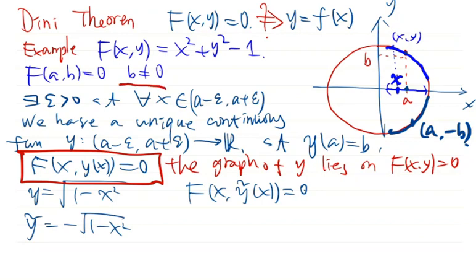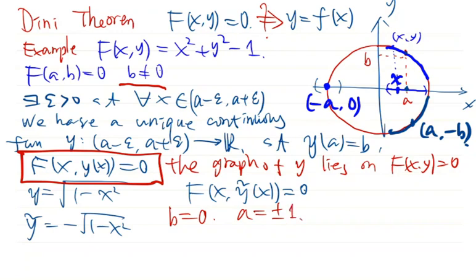For b equal to 0, say for this point, (minus 1, 0). For this point, no matter how small the neighborhood you take, no matter how small epsilon you take, you could not define a function. If b is 0, then a is positive or negative 1.